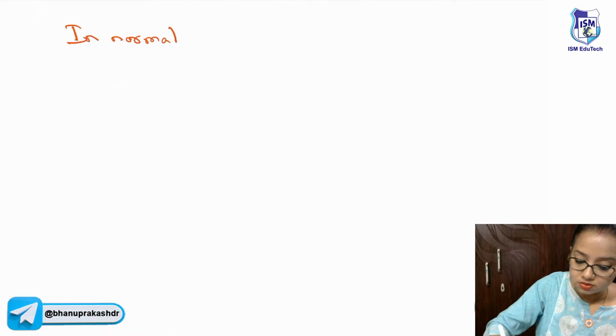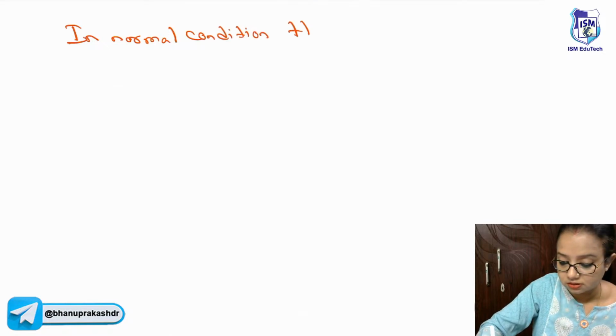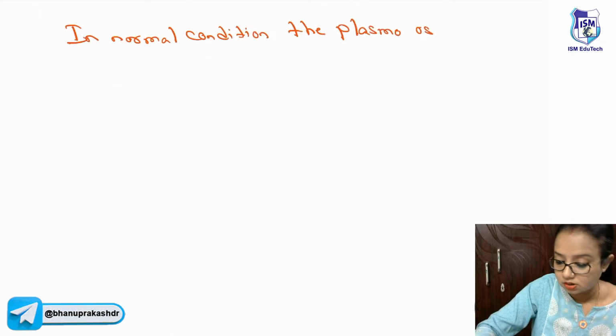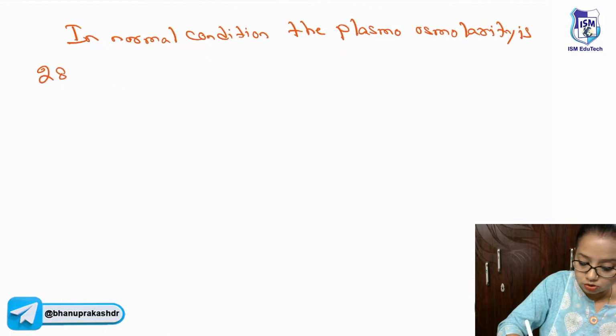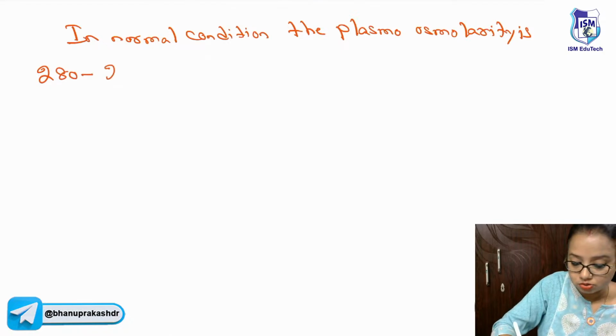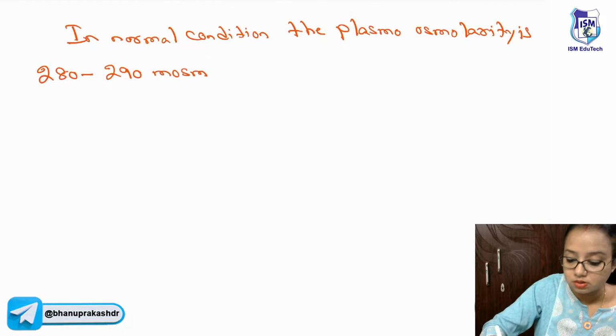So, the osmolarity in normal condition, the plasma osmolarity is about 280 to 290 milliosmol per kg.